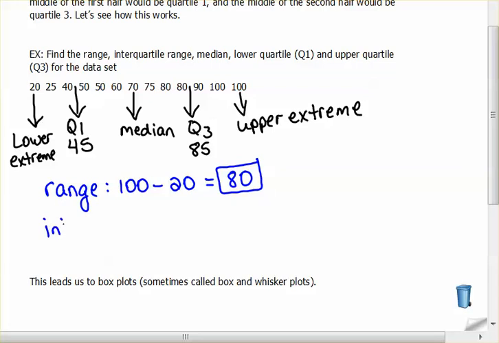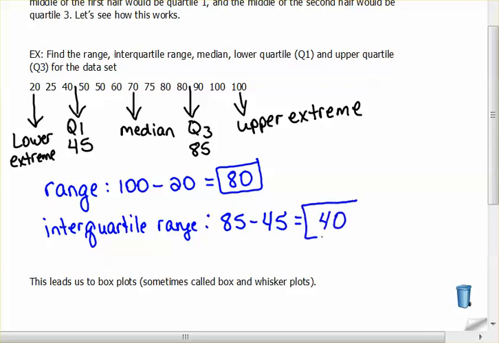Now the interquartile range. When we talk about the interquartile range, we're talking about how far it is from Q1 to Q3. So again, we would just need to subtract those numbers. 85 minus 45 is 40, so that would be our interquartile range.